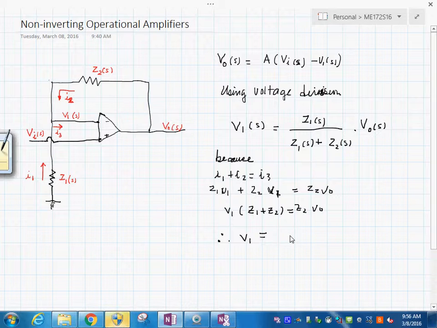Alright, so if you write it down, and here we continue, let's say that V sub 0 is equal to A times V sub I of S minus this.